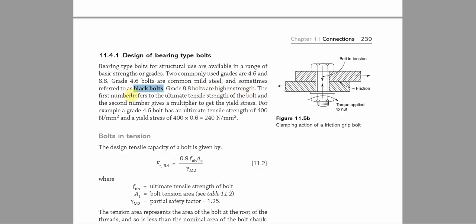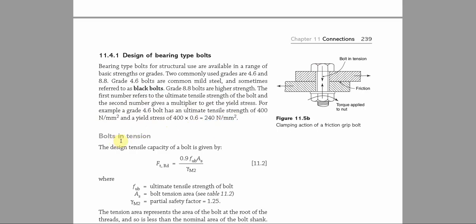The first number refers to the ultimate tensile strength of the bolt, and the second number gives a multiplier to get the yield stress. For example, a grade 4.6 bolt has an ultimate tensile strength of 400 Newton per mm square and a yield stress of 400 by 0.6 equals to this. So this is the yield strength.